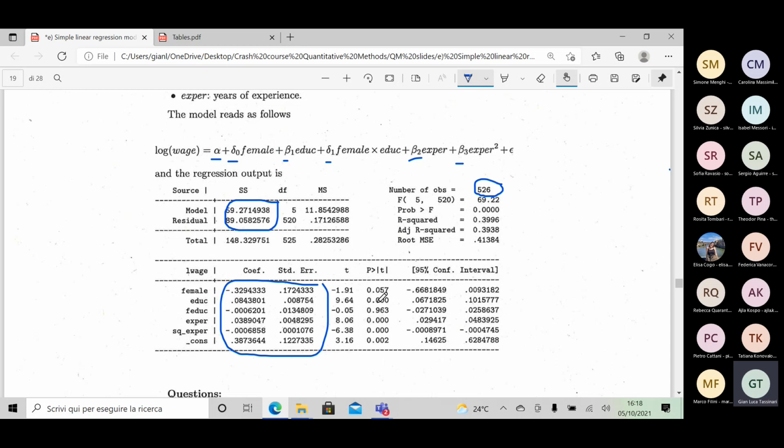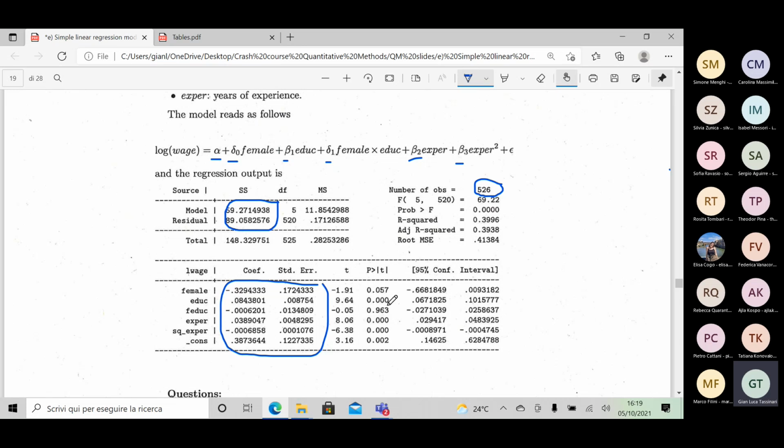Now, what can you see immediately? Are you able to find some coefficient parameters that are really significantly different from 0? Well, the parameter associated to education, beta 1, the parameter associated to experience, beta 2, look at the 0.0000, and the parameter associated to experience to the power 2, they have a p-value of 0.0000.